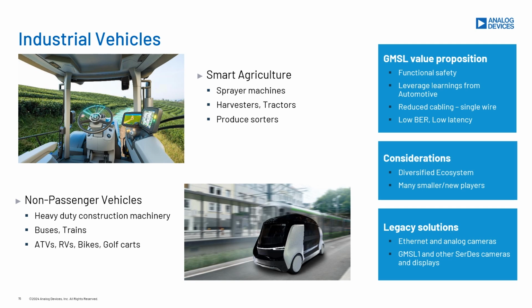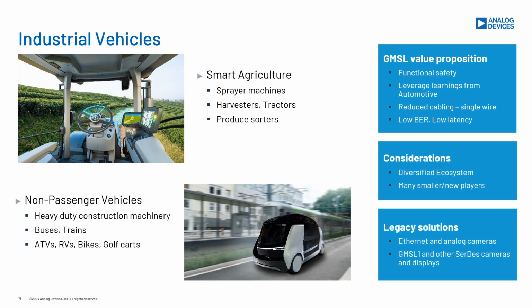For these applications, cameras are used not only for driving assistance, but more for functional use cases such as object classification and color sorting. For other non-passenger vehicles, including heavy-duty construction machinery, public transportation such as buses and trains, and recreation vehicles including RVs, bikes, and golf carts, GMSL cameras and displays are often used with the same use cases as they are used in passenger cars.